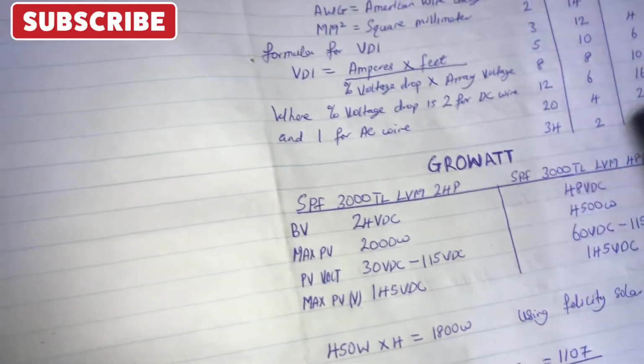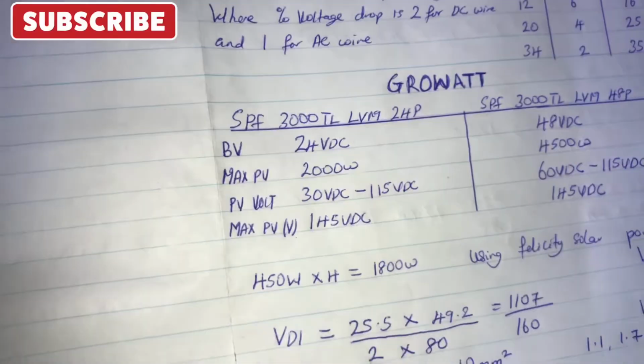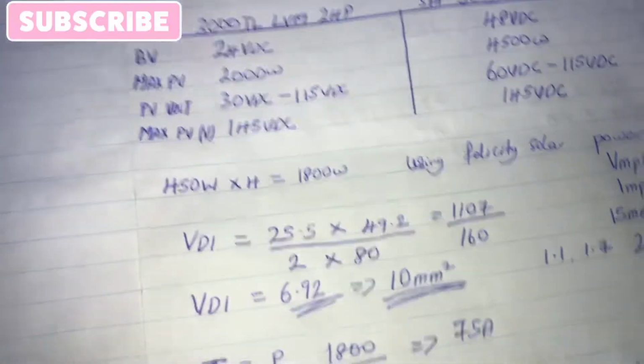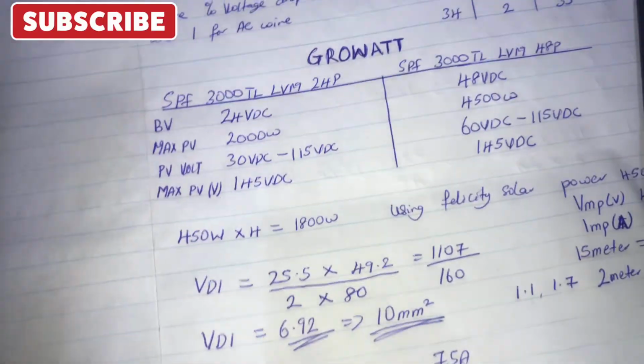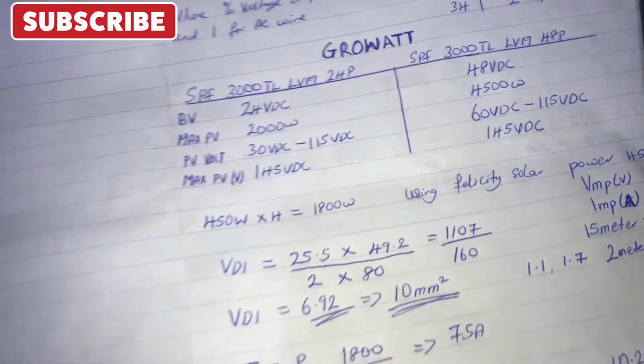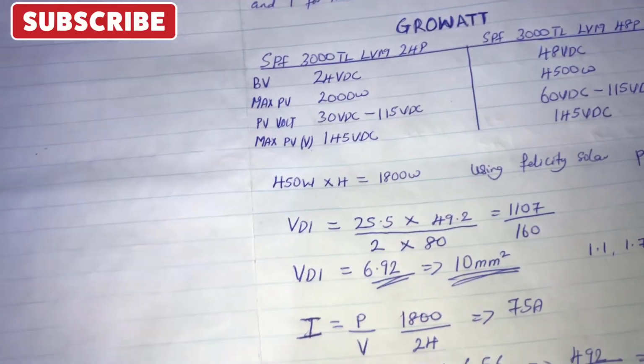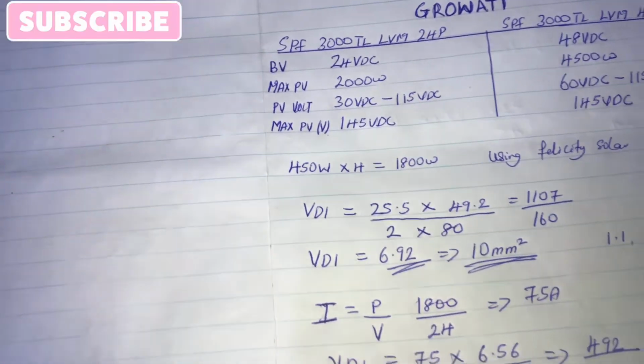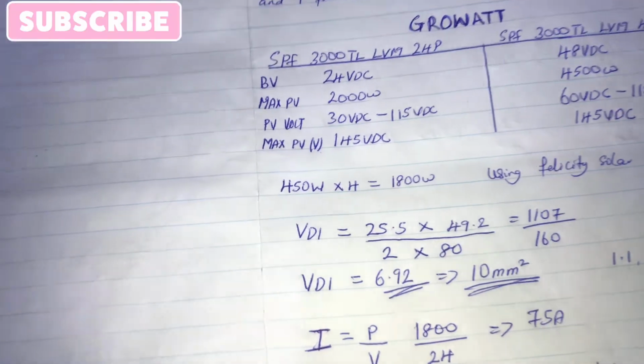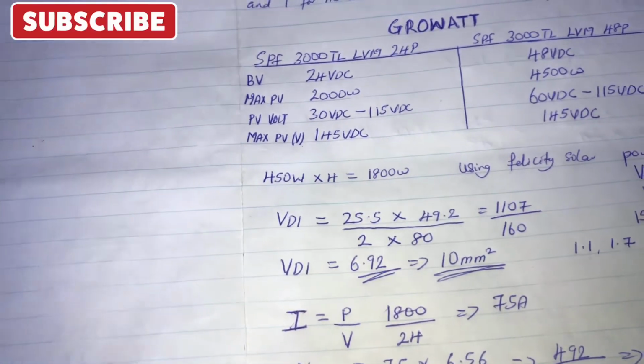So if you are connecting all in parallel, that means you will be having a higher gauge because you are carrying a very high amperage. So it's always better for you to do series instead of parallel, because the more the amperage, the more the gauge.